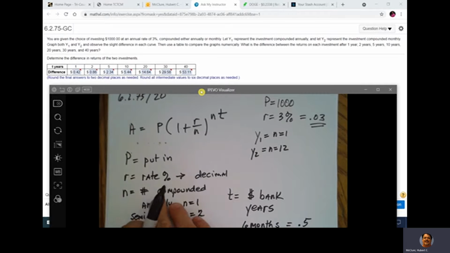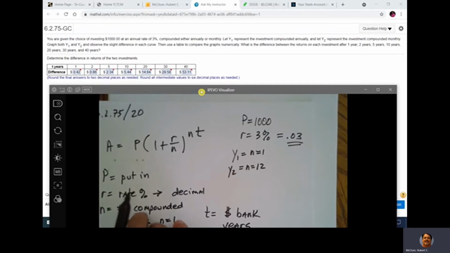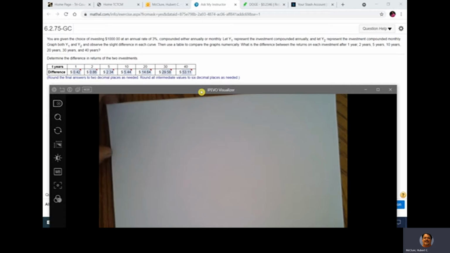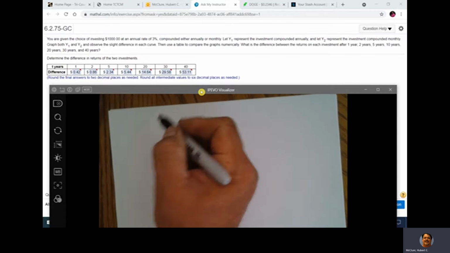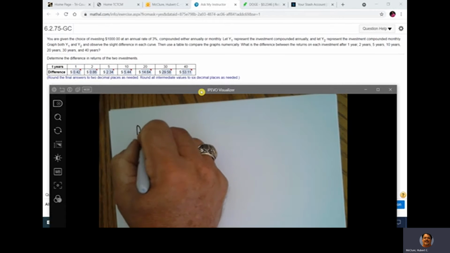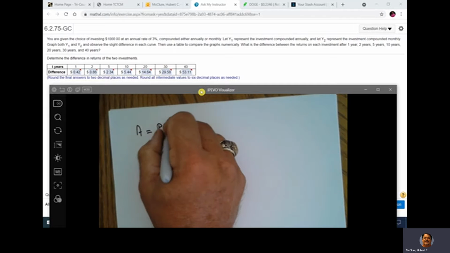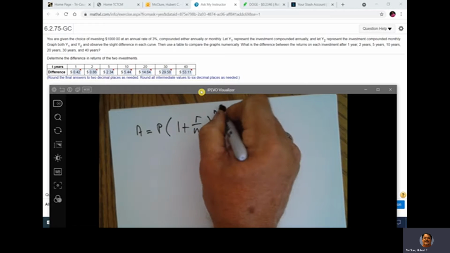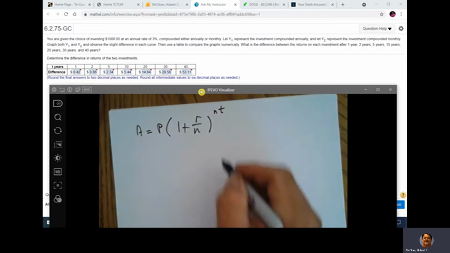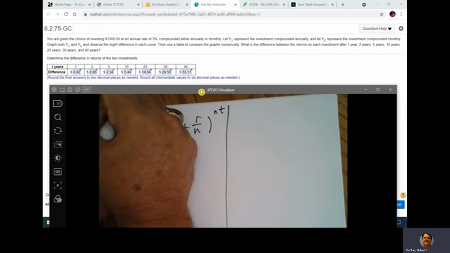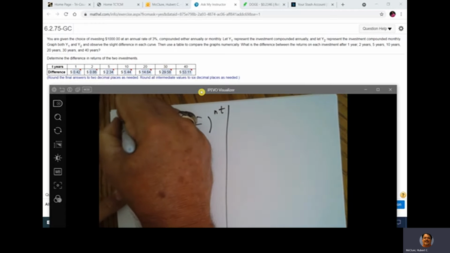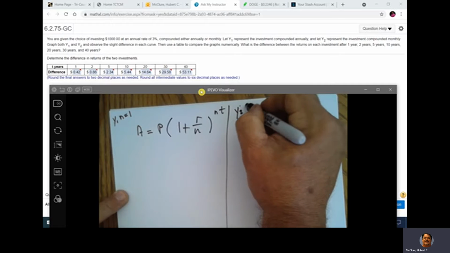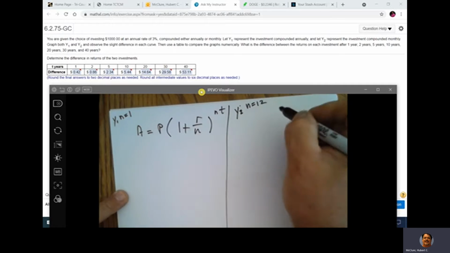I'm going to show you how to calculate this. I'm going to do it for the first two, but it is a little bit ridiculous of a question. A is equal to P times 1 plus r over n raised to the nt power. I'll do it for Y1, where n is equal to 1, and Y2, where n is equal to 12.